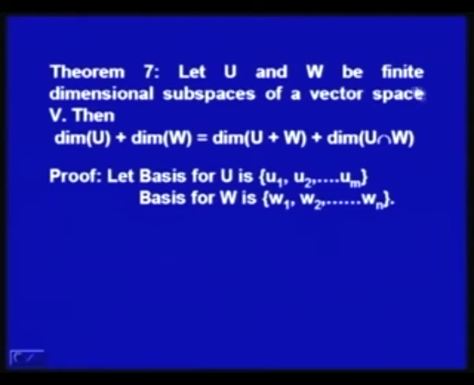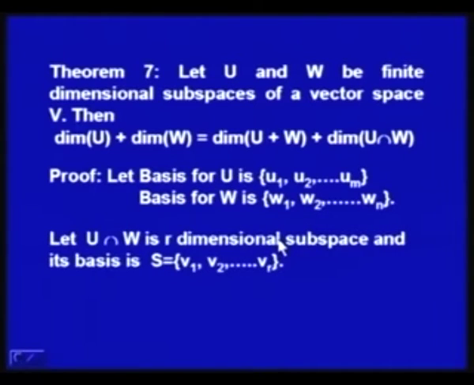Now, U and W are finite dimensional subspaces. So, let us say the basis for U is m dimensional and it is U1, U2, Um, and the basis for W is W1, W2, Wn, n being the dimension of W. Let U intersection W be an R dimensional subspace and its basis be V1, V2, Vr.